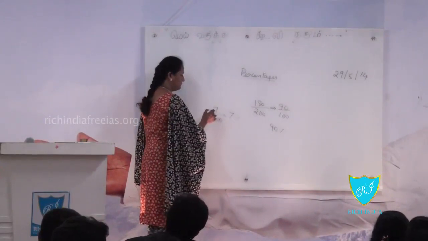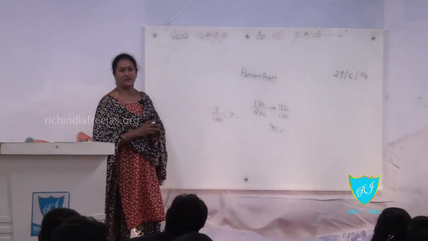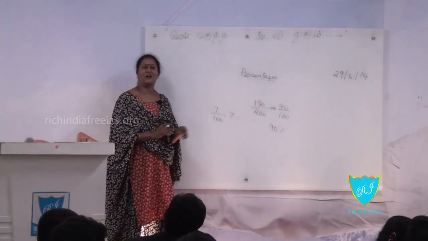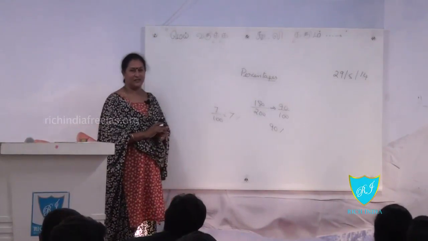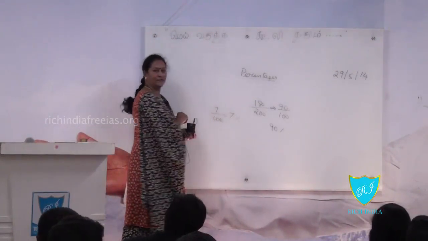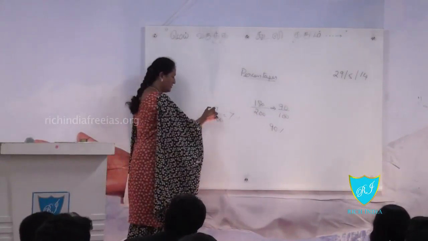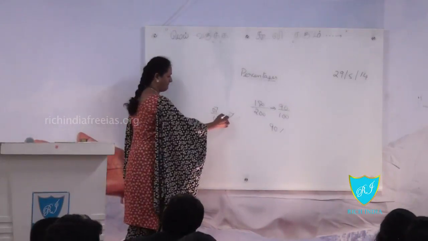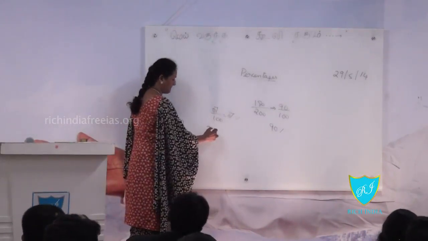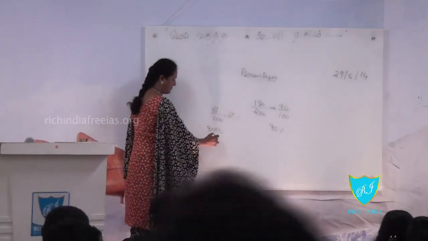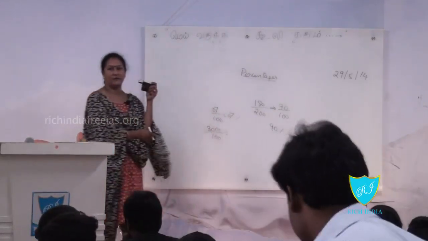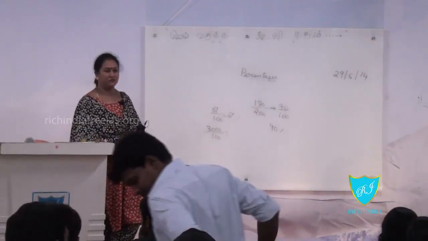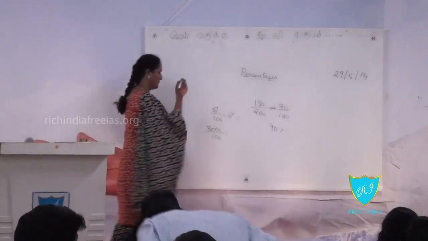So when you have 0.7, the percentage is, since the denominator is 100, whatever the numerator is will be the percent, 0.7. Okay. So when you have 0.07, it is 0.07 percent. So for 3000 by 100, the percentage will be 3000%. Okay.